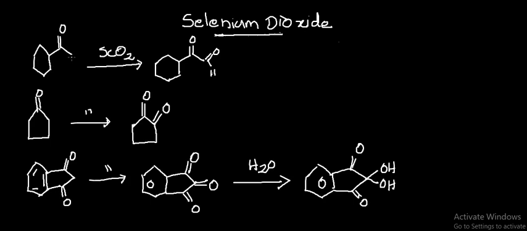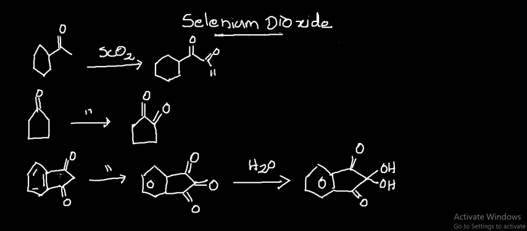So this carbon gets oxidized into the CHO functional group. And what is the case of this compound? We get a 1,2 dicarbonyl compound, and it is a symmetric molecule, so there is no problem in the case of alpha position.